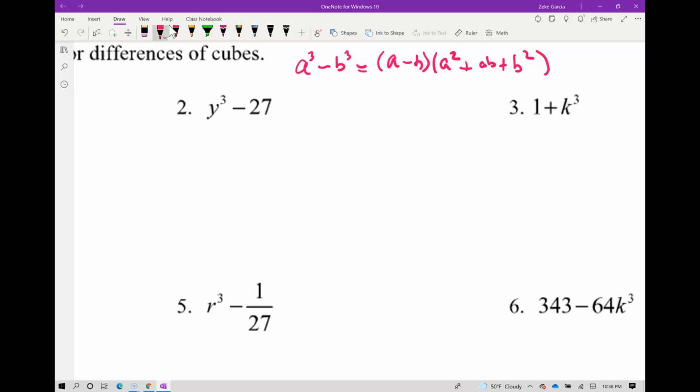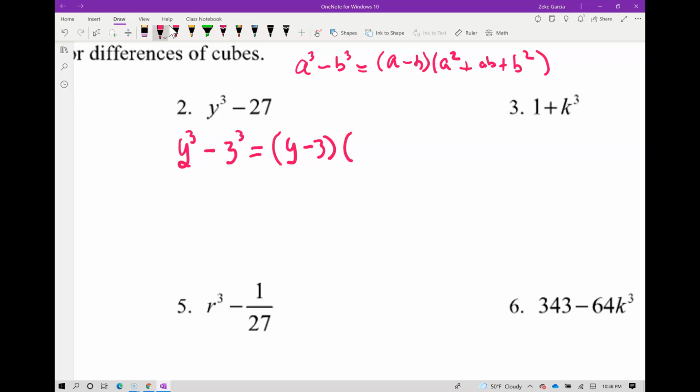So I'm going to do some rearranging. We have y to the third power minus, we know that 27 is a cube. It's going to be 3 to the third power. And just by looking at the expression, you notice that your y is going to represent a. So you have y minus 3. See that? Y minus 3. So your a is y and your b is 3.